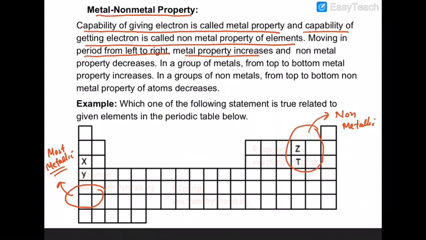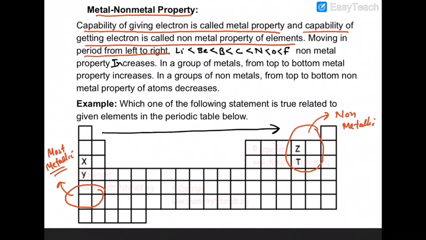This is written wrong here. On moving left to right in the period, what will happen? Non-metallic property increases.